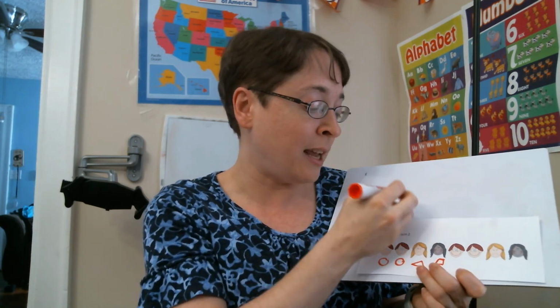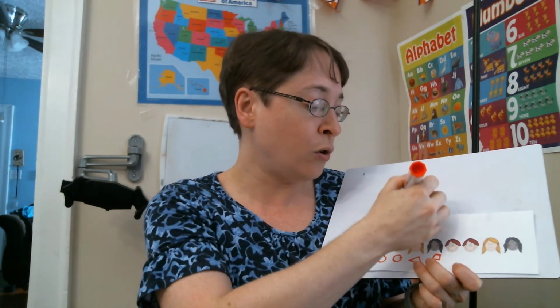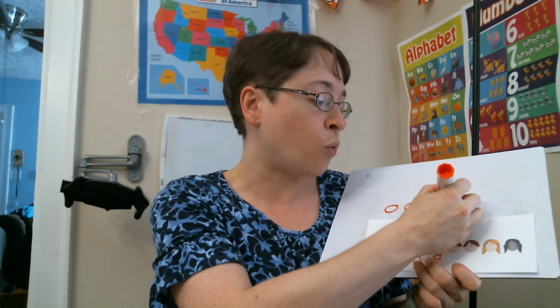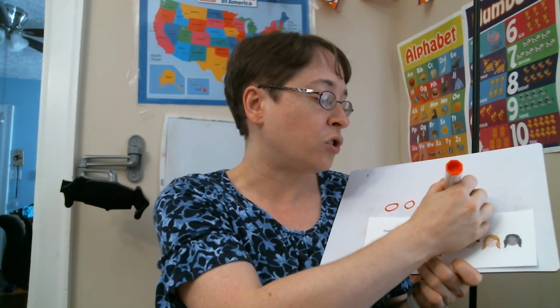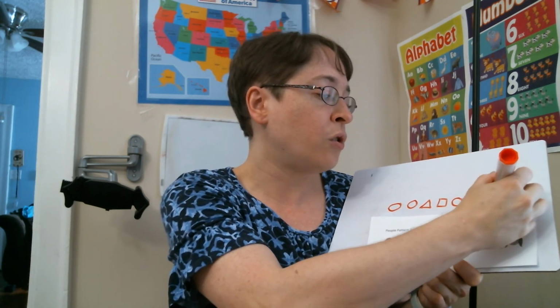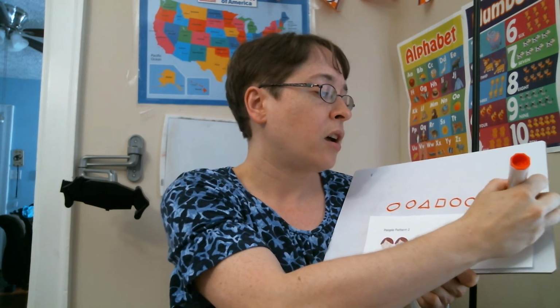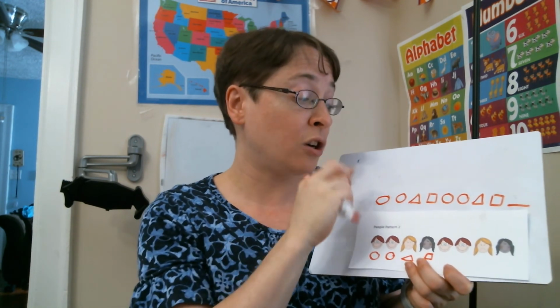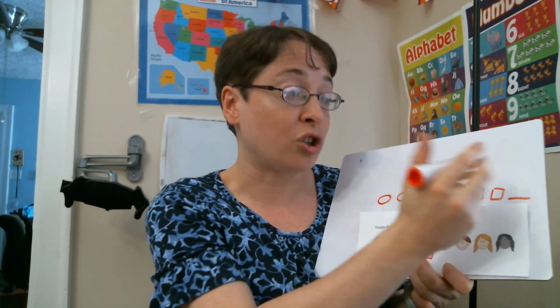Ready? So it is circle, circle, triangle, square. Circle, circle, triangle, square. Then what comes next? The pattern starts over again. Circle.